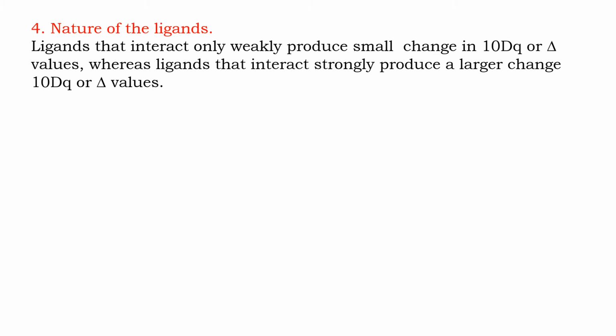The fourth factor that the magnitude of 10Dq depends upon is the nature of the ligands. Depending upon the ligand, the 10Dq value changes. Some ligands interact with the metal or the d orbital very weakly, while some ligands interact with the d orbital very strongly. So the interaction of the ligand with the metal ion affects the 10Dq value.